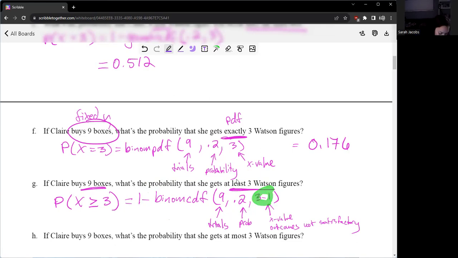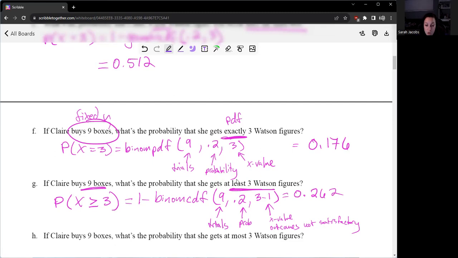So binomial CDF, 9 trials, probability is 0.2, and the x value is 3 minus 1 or 2. So if she buys 9 boxes, the probability that she gets at least 3, so 3 or more, is 0.262, about 26%.